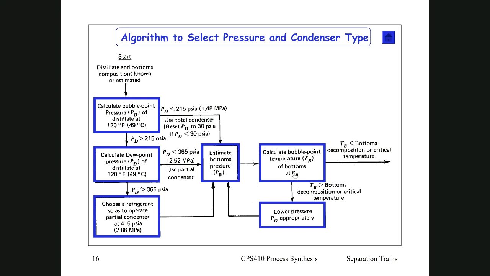And as long as that temperature, TB, is not so great that you start getting decomposition of the bottoms product, then you're done. Then you have your distillation column. You've got its temperature at the top and the bottom of the column, you've got its pressure, and essentially you're fine.